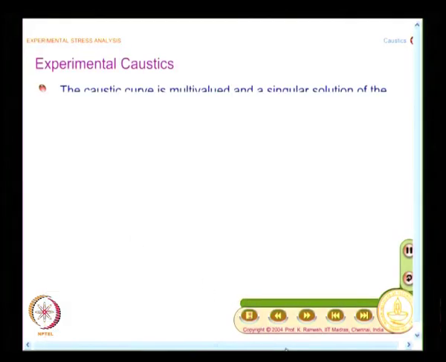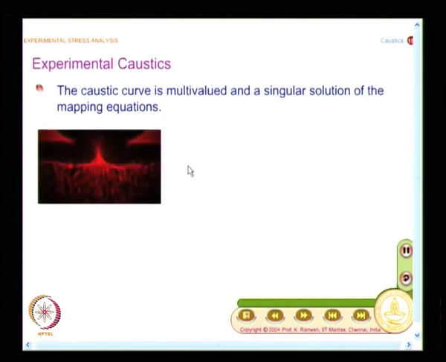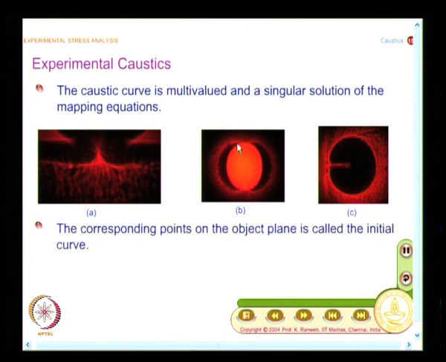And this is caustics shown for different problems of stress concentration. It is a semi-infinite plate with a concentrated load. This is a plate with a hole, where you have a figure of 8, and this is a plate with a crack. I have the crack here and I have a caustic envelope like this.